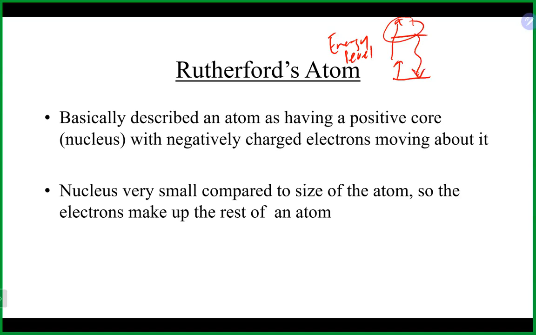The idea of conservation of energy that we talked about in previous chapters means that energy has to be given off by the atom to allow those electrons to transition back down, just like a certain amount of energy has to be gained by the atom to allow electrons to go upwards in energy.